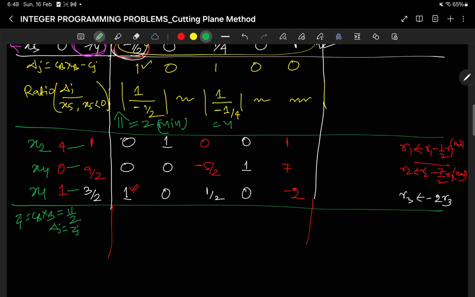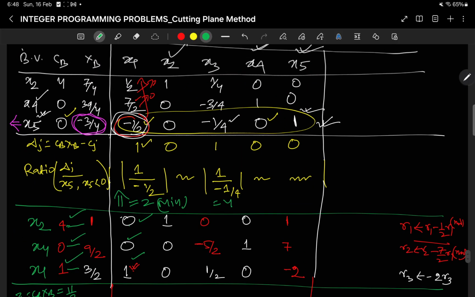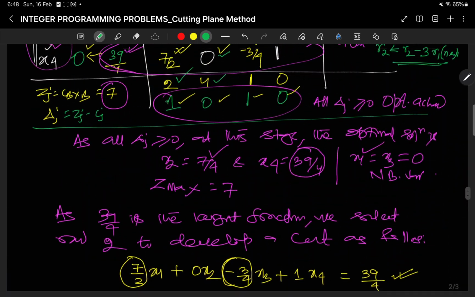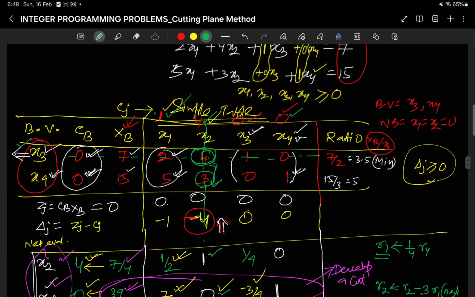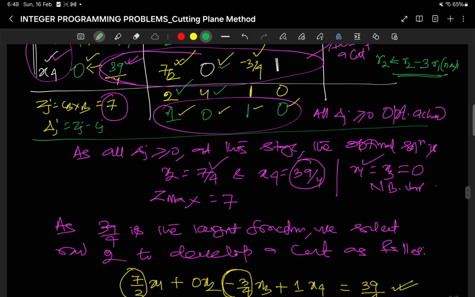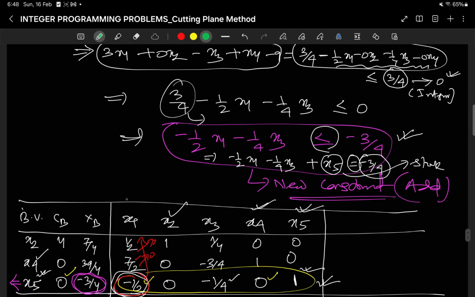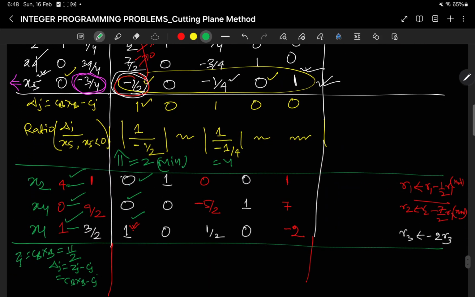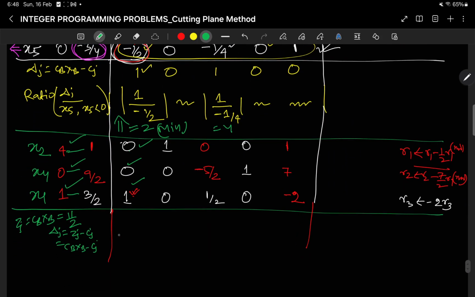Del j is zj minus cj, that is cbxb minus cj, minus here 0, minus here 1, minus this 1. So this will give me 0 0 half 0 2.